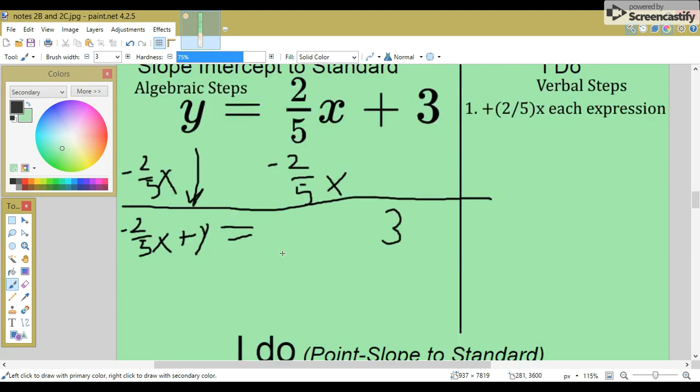The next step, we want all the coefficients to be integers. This has a fraction, so we have to get rid of that. To get rid of the 5 in the denominator, multiply each term by 5. So we'll multiply these terms by 5 and 3 by 5.